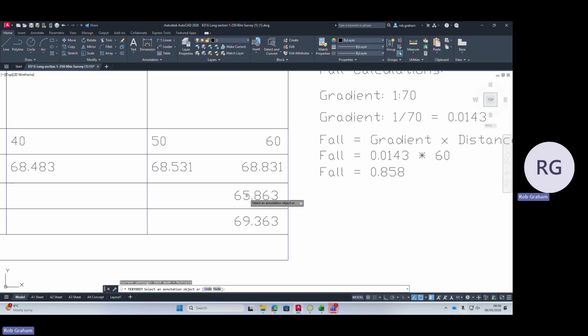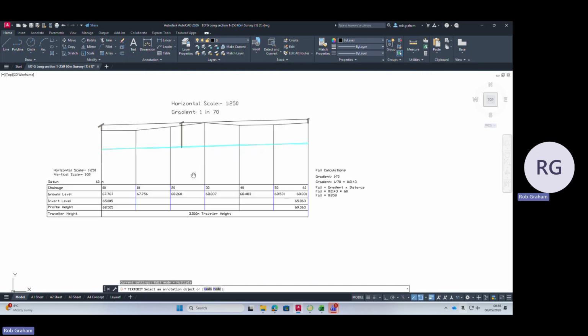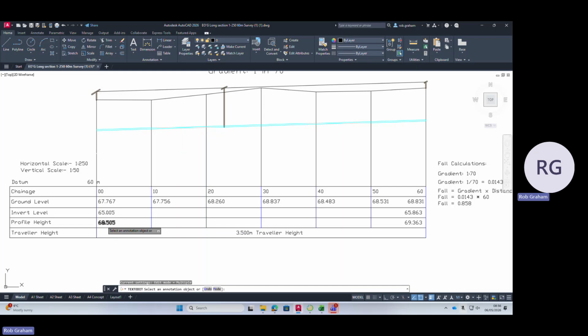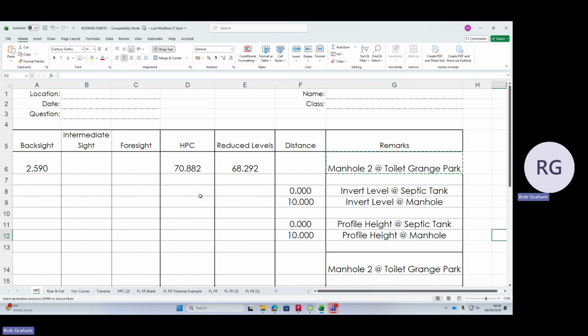Which should be your invert level plus 3.5 meters. Okay. Now, what we need to do is document those onto your booking sheet to enable you to set those levels. Okay. So we'll take our invert levels of 65.005 and 65.863 and transfer them to a booking sheet.